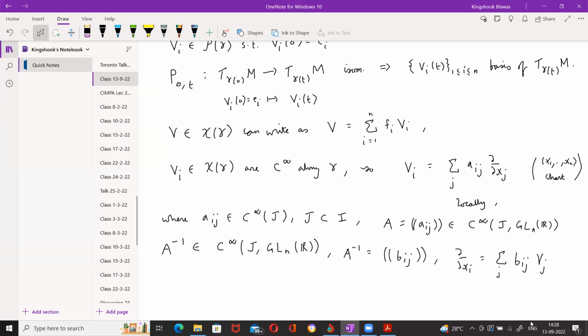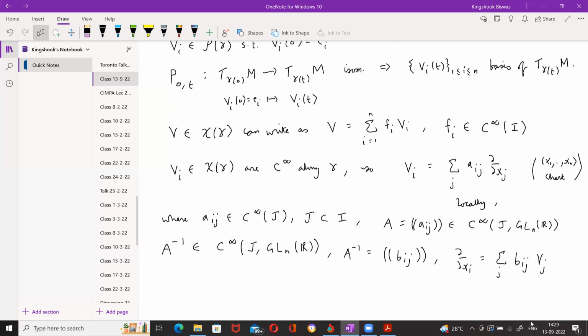So therefore, these coefficients f_i, could we also argue like this: instead of taking V_i, we make it an orthonormal frame, then take the inner product, because V and V_i are smooth, the inner product will give the f_i's. Sorry, say that again.